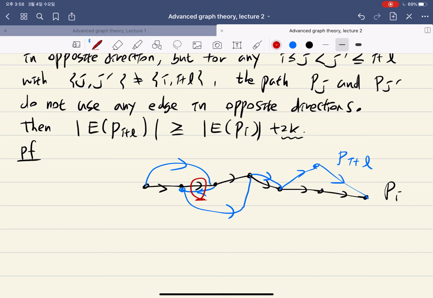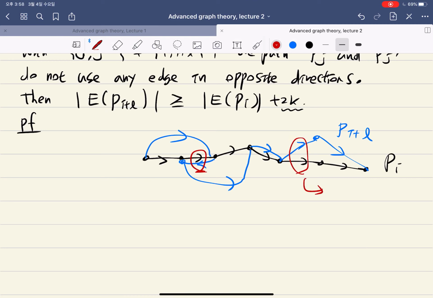So remember that this does not necessarily mean that the edge UB is oriented in this direction in the original network. So this does not necessarily mean that. This means that in Pi, it's from U to B. This is just in this path.